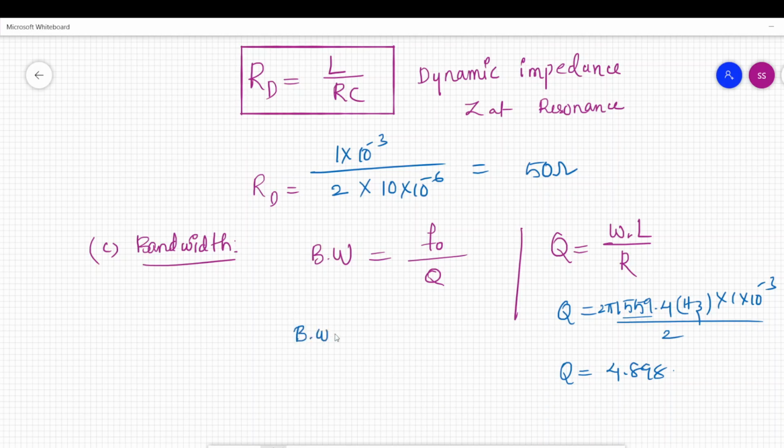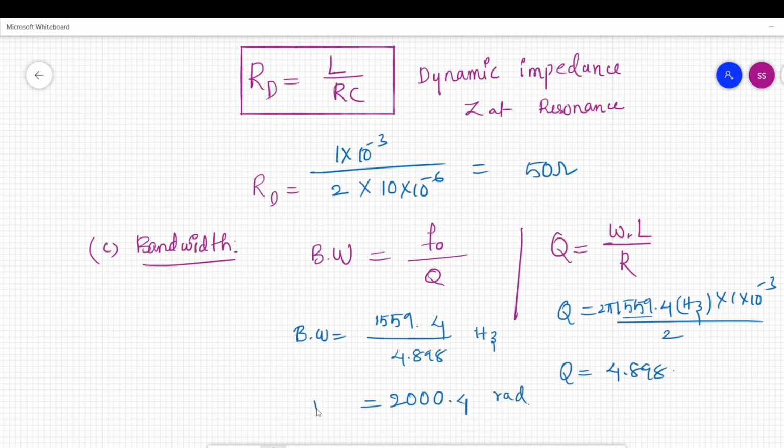The bandwidth equals the resonance frequency, 1559.4, by the quality factor 4.898, in hertz. That is 2000.4 radians.